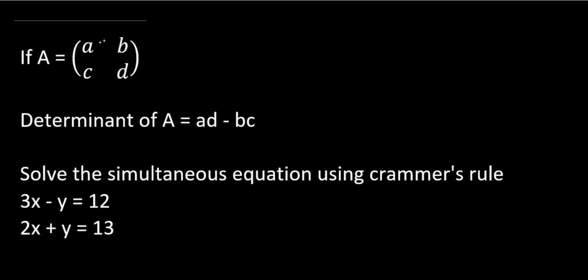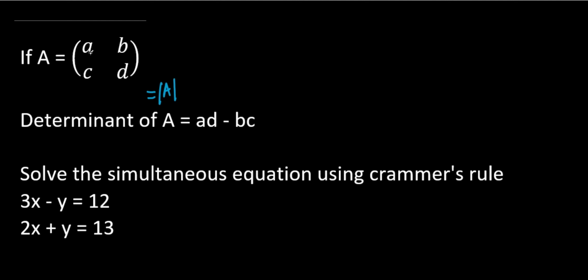Okay, given matrix A with entries a, b, c, d. The determinant of A is equal to the leading diagonal product minus the other.